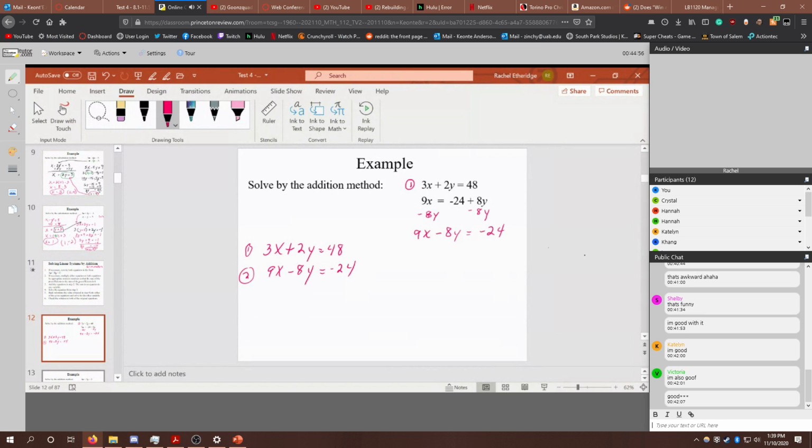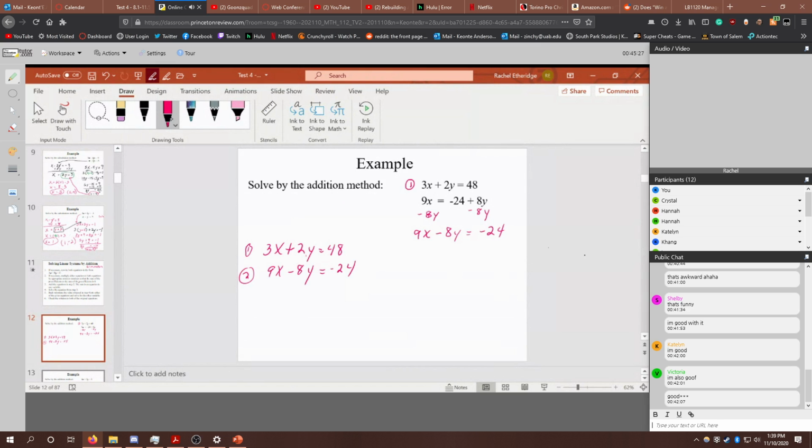Okay, so I want to multiply equation 1 by something so that I can eliminate one of the variables. Now, I can either multiply the whole equation by negative 3 and get negative 9 here, or I can multiply the whole first equation by 4 and get a negative 8 here.